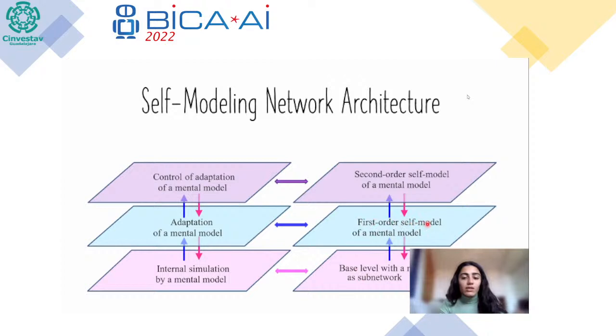First order submodel levels will have connection states. I will explain them in more detail. And second order submodel level is for the control of adaptation, and it will have H and mu states. I will also explain them. But we will use the second order submodel level for the control of connection weights on the level below.